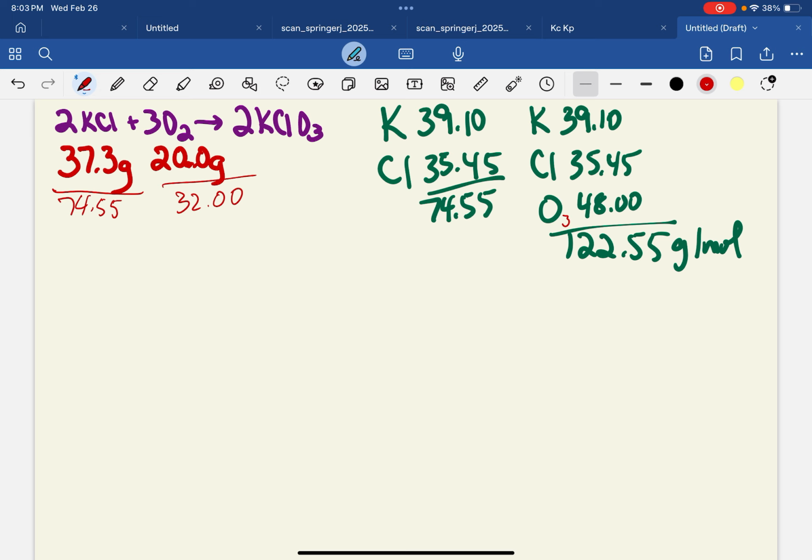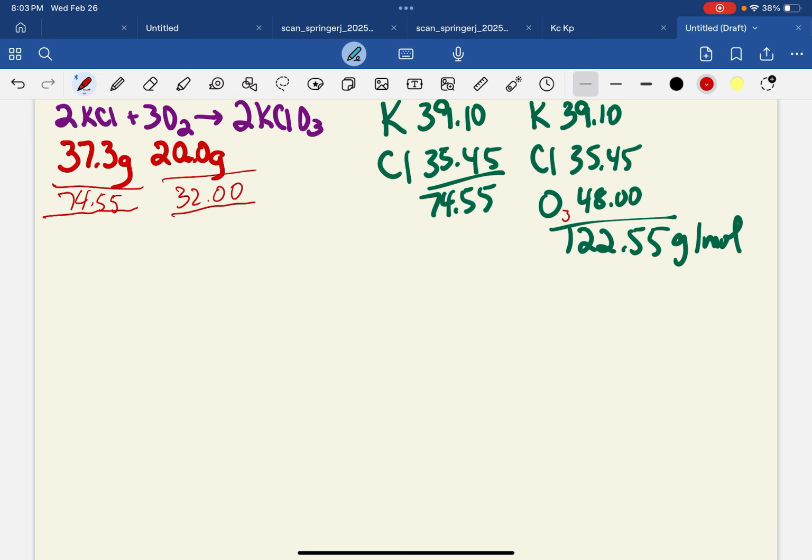And then we'll divide each one of those by the coefficient. Let's see if I can calculate that real quickly. 37.3 divided by 74.55, and then dividing that by 2, I got 0.250.